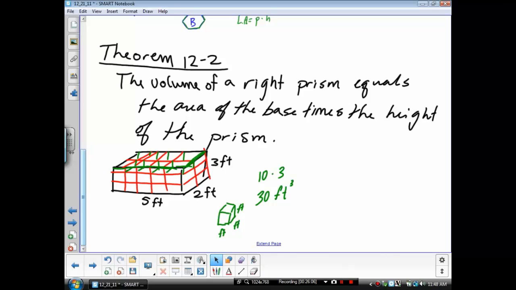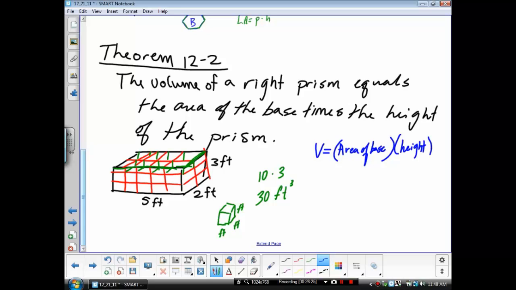Now, in general then, you can find the volume of a right prism by taking the area of the base times the height. Because the area of the base is how many cubes are on the base level, and the height is how many levels.